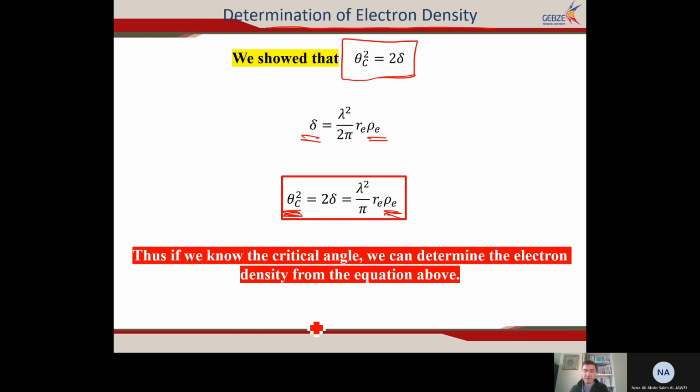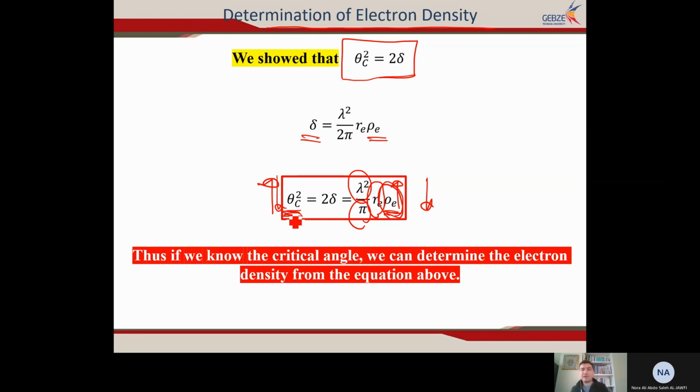If you have bigger electron density in the material, then you will have bigger critical angle. If we have lower electron density, then we will have lower critical angle. Because lambda, the incoming wavelength, is fixed, the classical electron radius is a constant, and pi is a constant, only electron density affects the critical angle here on the left side.